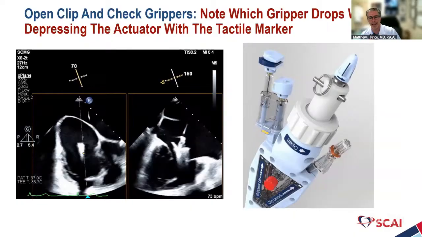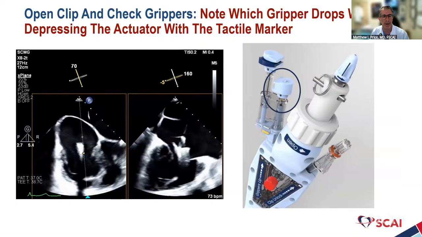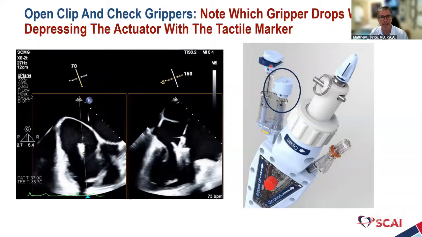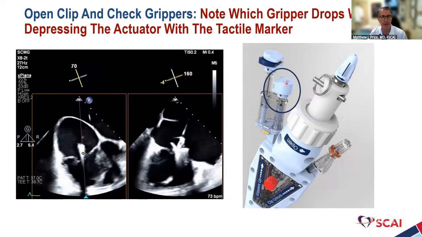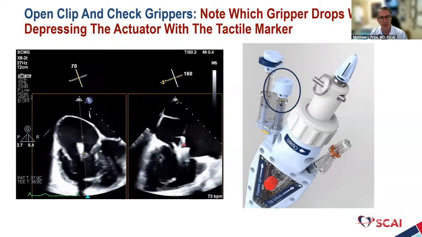The other unlock is understanding the use of independent gripping, or controlled gripper actuation, CGA. So remember that the grippers are independent of one another. Before we do our grasp, before we cross the leaflets, you're going to orient yourself. You're going to have this view where you see the arms wide open.